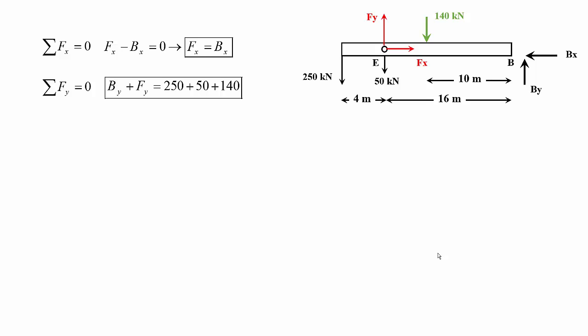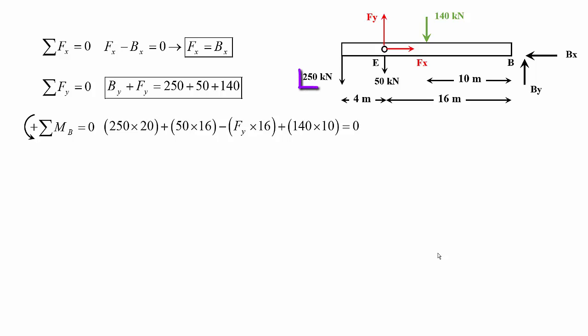It's summing the moments about a point. I chose the point B to be the point I want to rotate about. So Bx, By, and Fx, all of these three unknowns do not play a role in the equation because all of them pass through the point of rotation.